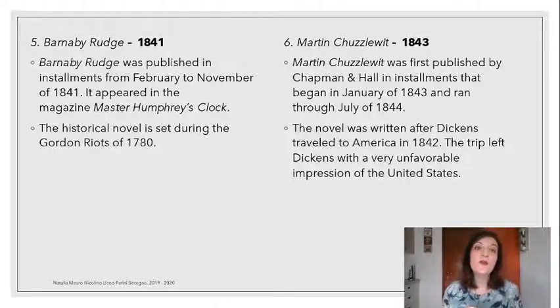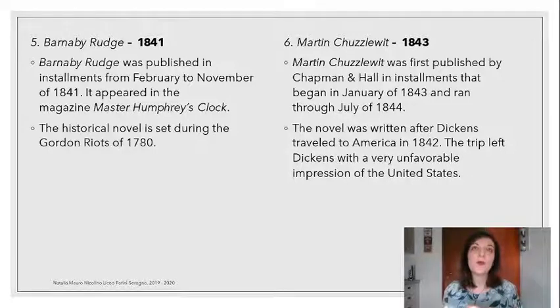Then let's go to his fifth and sixth novel. The fifth novel, Barnaby Rudge, was published in 1841 in installments from February to November in a magazine that was called Master Humphrey's Clock. And Barnaby Rudge is a kind of historical novel which is set during the Gordon riots in London in 1780.